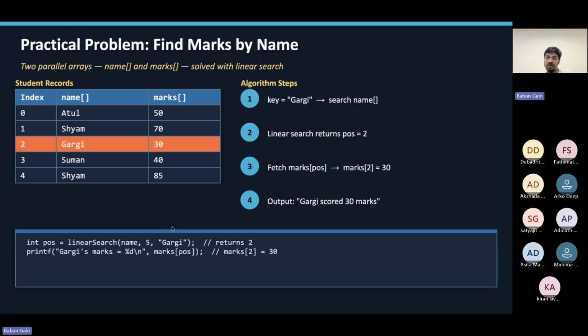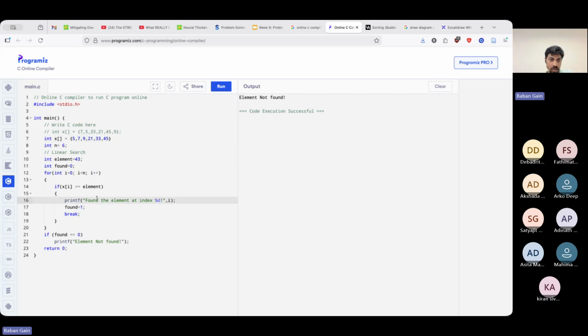Similar to whatever I have shown here, but instead of the x of I element, we have strings. So we have to write: if strcmp of name of I and whatever the value, let's say 5, is equal to 0, then same logic.